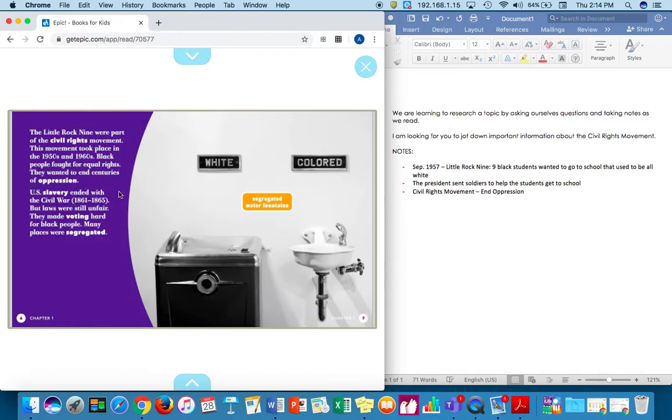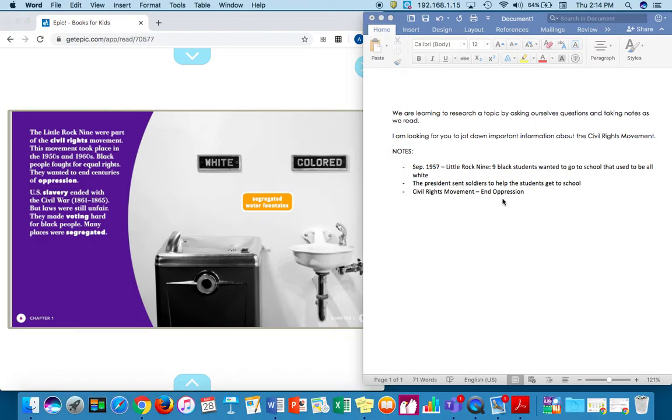U.S. slavery ended with the Civil War, 1861 to 1865, but laws were still unfair. They made voting hard for black people. Many places were segregated. So I might write Civil War ended in 1865.